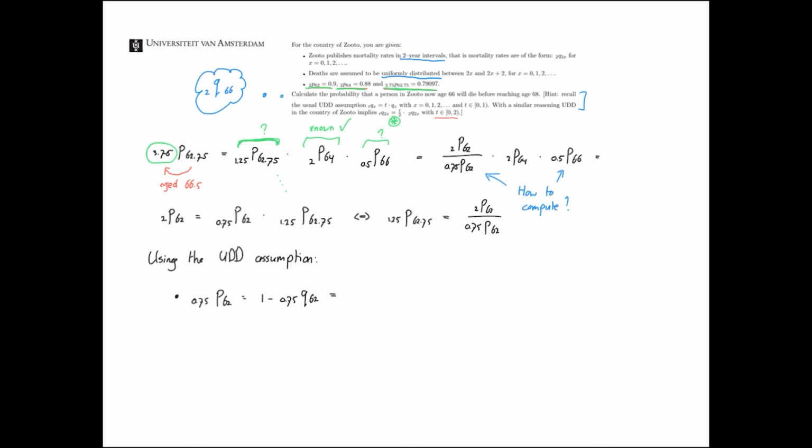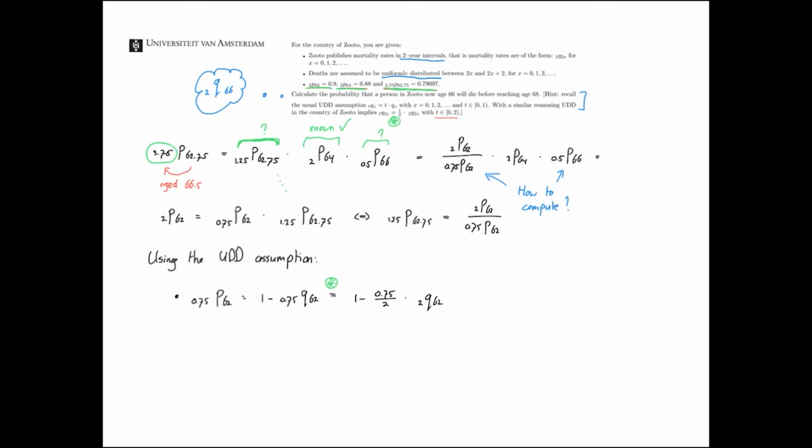And then we use this UDD assumption to get, well, this is 1 minus, t is in this case 0.75, so we get 0.75 divided by 2 times 2q62. Right, so I just used this UDD assumption.